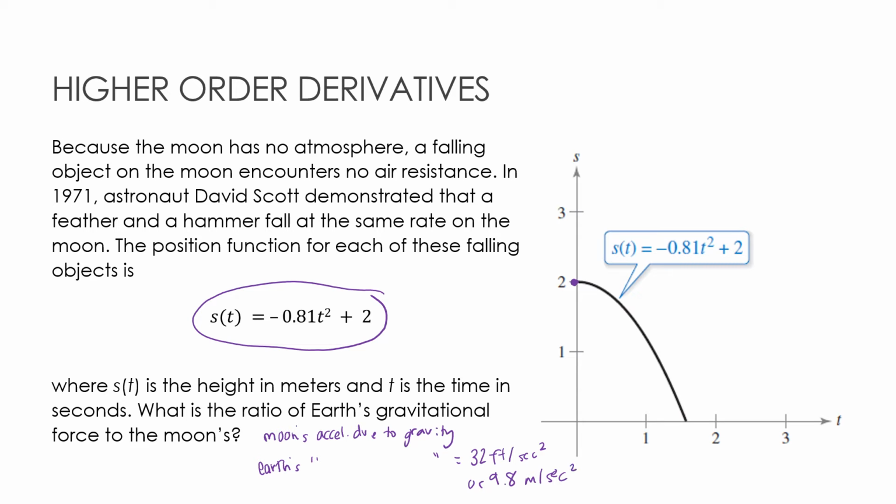Depending on if we're looking at meters or feet, and I believe in this case we're looking at meters, we're going to be comparing in a ratio to whatever we determine here. Now keep in mind we're looking for acceleration due to gravity. So if this is the position function, I know if I derive this once, that's going to give me the velocity, and if I derive it twice, that's going to give me acceleration. So that's what I'm going to be doing with this function.